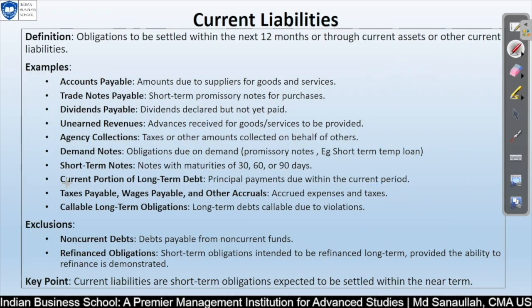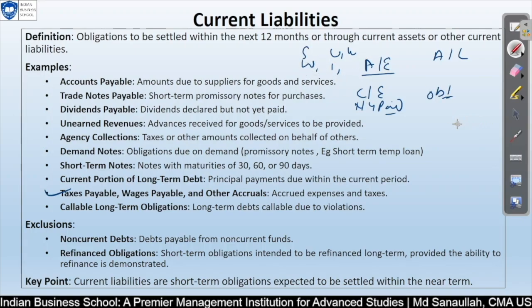And one more thing I would like to clarify with regard to accrued expense and accrued liability. Accrued expense specifically refers to cost or expense that has been incurred but not yet paid. A similar case is here, but that is not talking about expense only. That is talking about all kinds of obligation. Obligations for accrued expense may be your utility, water, interest, wages, salary, all kinds of expense.